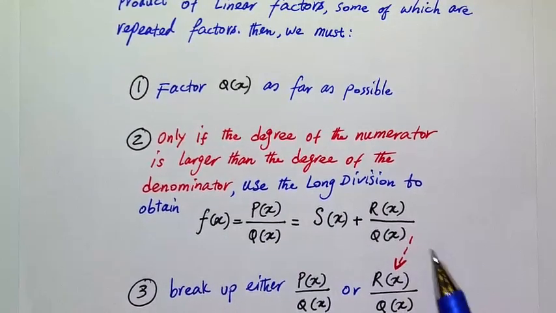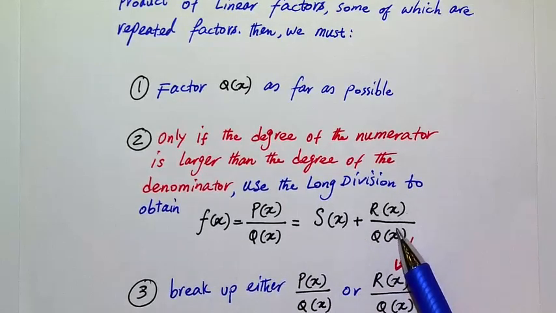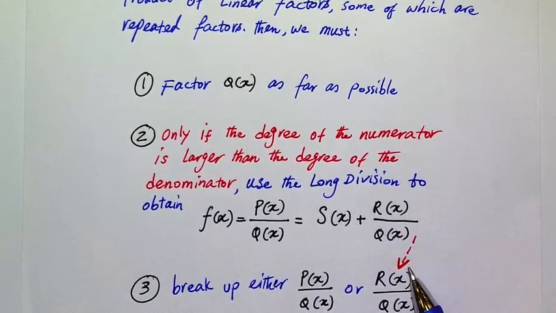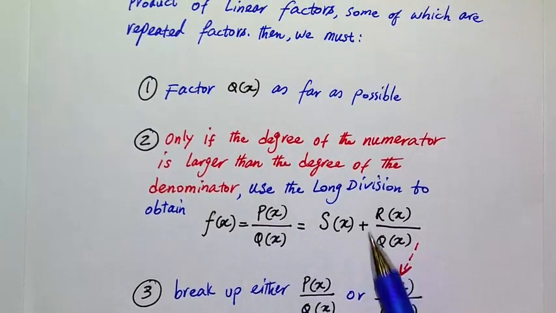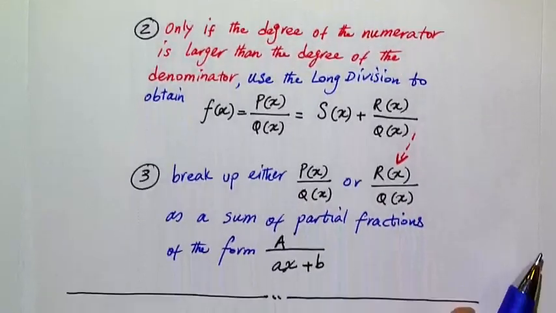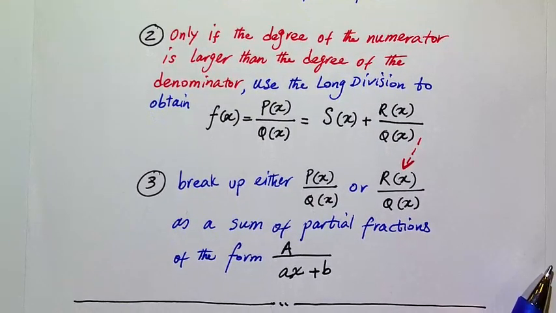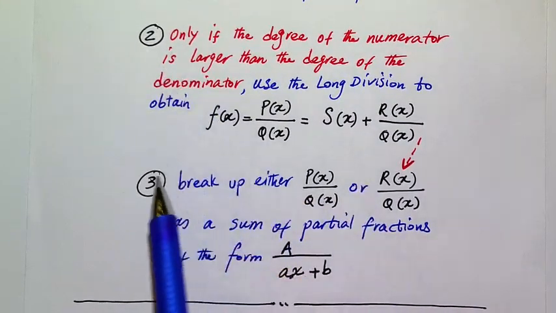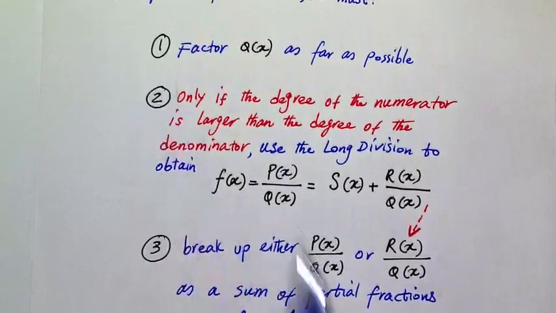And then we can break up this piece. This one we can easily integrate, but this still being in fraction form, we should then break up either this or that piece into a sum of partial fractions of this form. Okay? So 2 and 3 are very closely related, as is step 1.